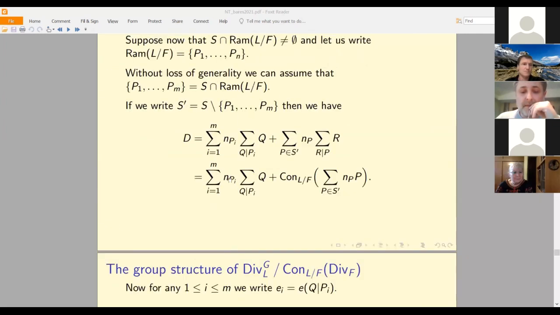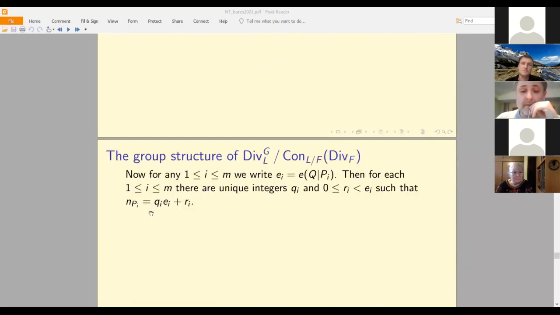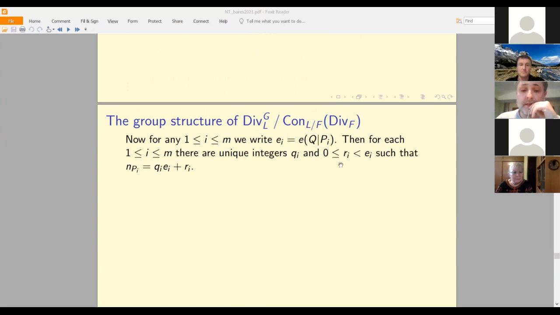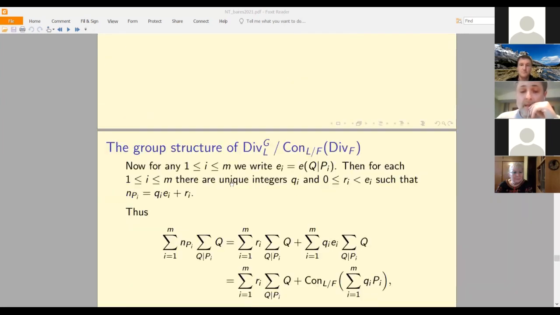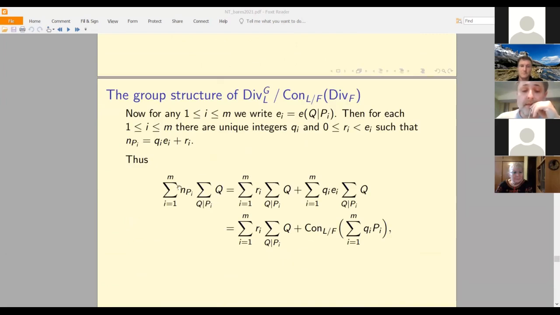Recall that you have these integers m_i, and then you divide by the ramification index, and you get a residue between 0 and e_i. Then you can rewrite this part with the residue after division by e_i, and you get this other part. And this part is again the conorm of a divisor.